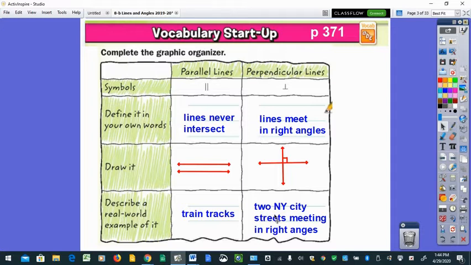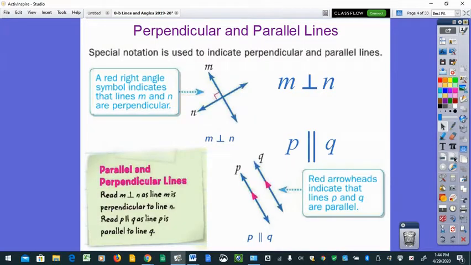Very easy city to get around in because of that. So there would be an example of perpendicular, an avenue intersecting with a street in New York City.